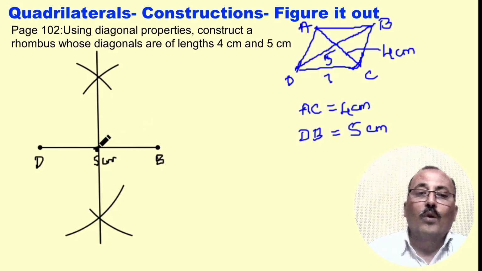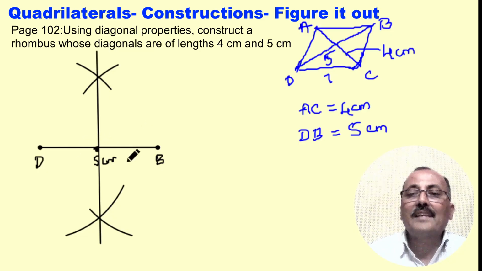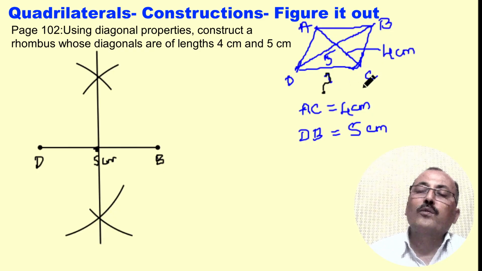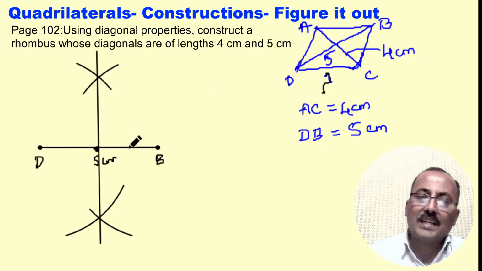Now one length is 5 cm. I have to take the other diagonal, 4 cm. How to take 4 cm? Take the compass and the ruler. Take 2 cm above and 2 cm below.